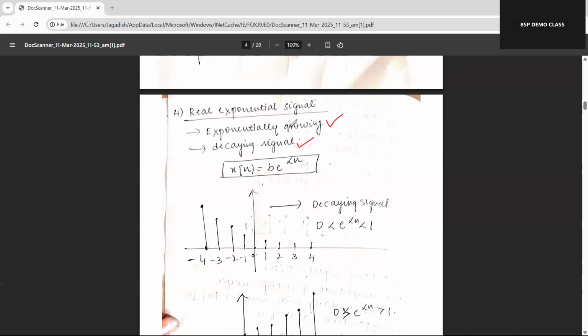Exponential signal is of two types. One is exponentially growing, the other is decaying signal. X of n, the formula is b into e to the power of alpha n. For decaying signal, the amplitude goes on decreasing. You know, right?